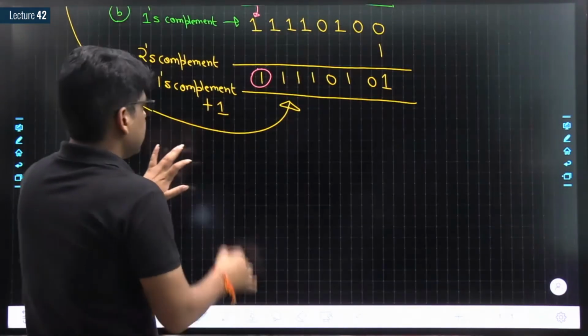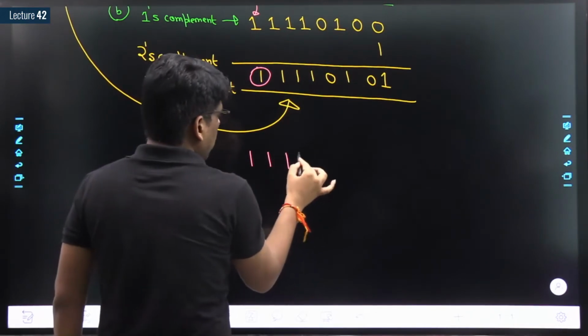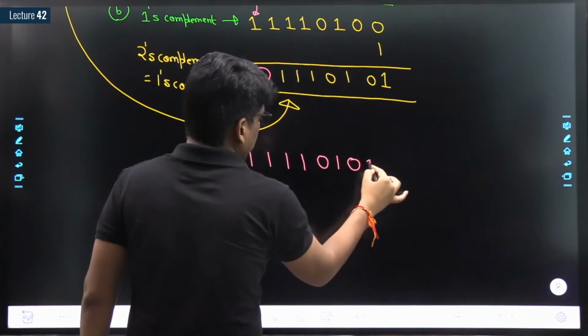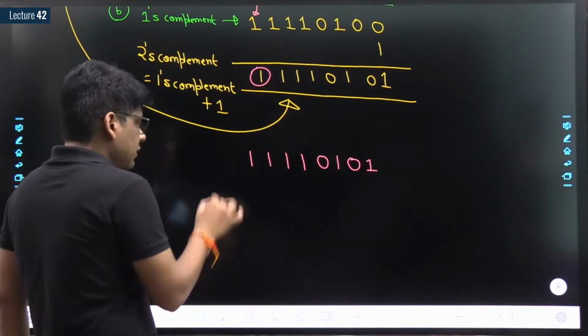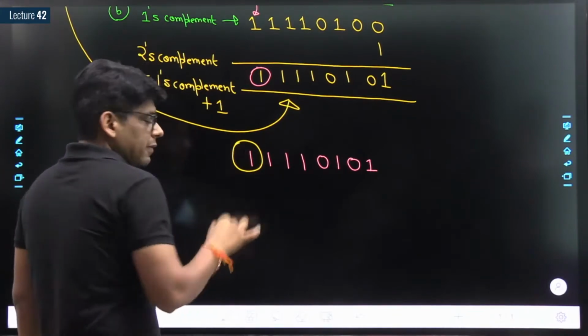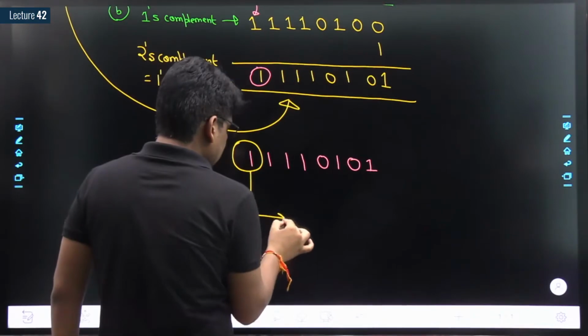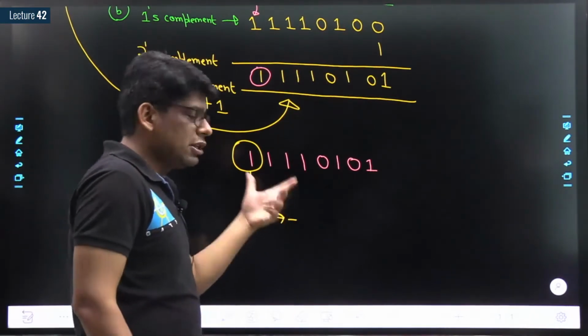That means, sir, if I give this number to any computer, 1, 1, 1, 1, 0, 1, 0, 1, and ask what is the value of this number, the computer will first look at this. Because of this 1, the computer gets to know that this number is negative. So we got the sign.